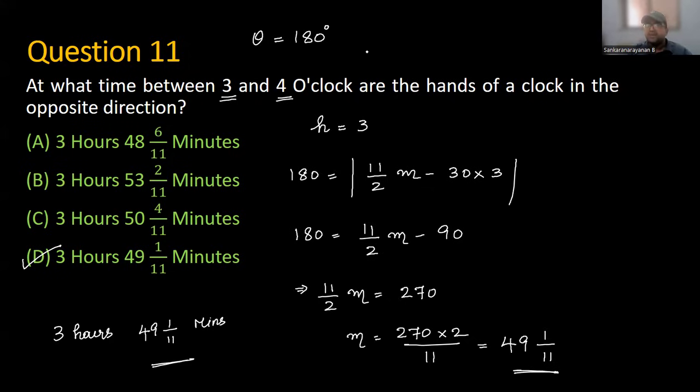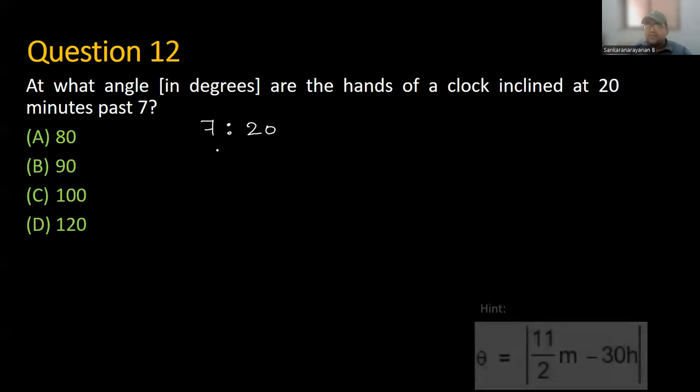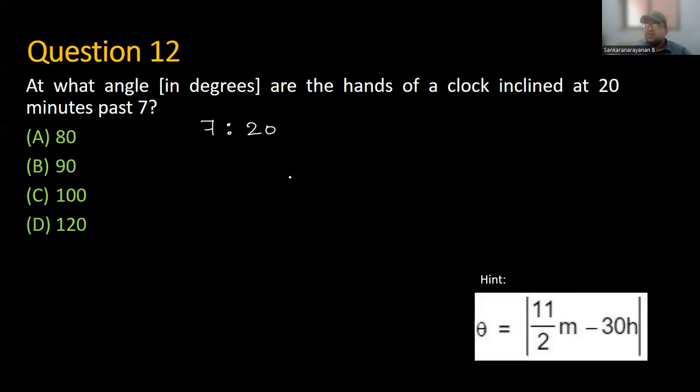All right. So make a note of the same here. Let us consider the next question. At what angle in degrees are the hands of the clock inclined at 20 minutes past 7? 20 minutes past 7 means the time under consideration is 7:20. The formula that we have to use here: theta is equal to |11 by 2m minus 30h|.